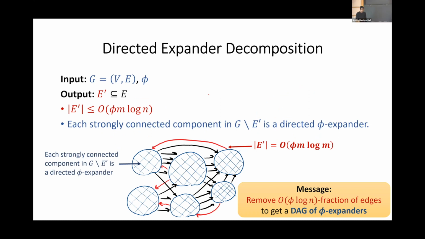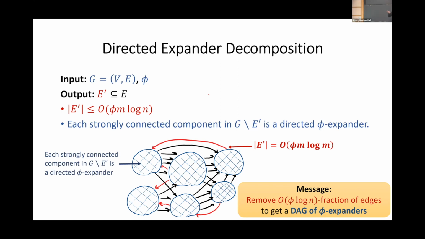And so there is a natural way to get a directed expander decomposition. You just imagine the process where you have a graph, and once there is a sparse cut, meaning there is a cut such that in at least one direction there are few edges, then you cut and recurse on both sides.